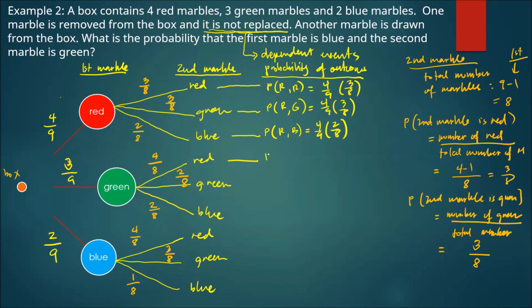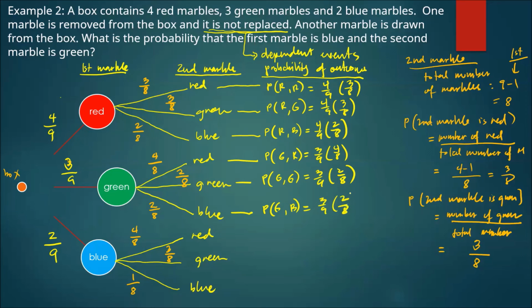And the probability, this is the outcome, that the first marble is green and the second marble is red is 3 by 9 times 4 by 8. This one, probability that the first marble is green and the second marble is green would be 3 by 9 times 2 by 8. And here, probability that the first marble is green and the second marble is blue is 3 by 9 times 2 by 8.